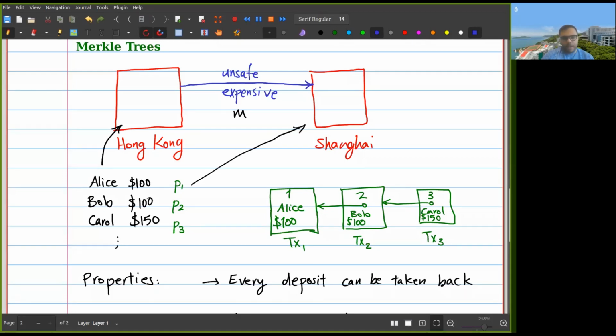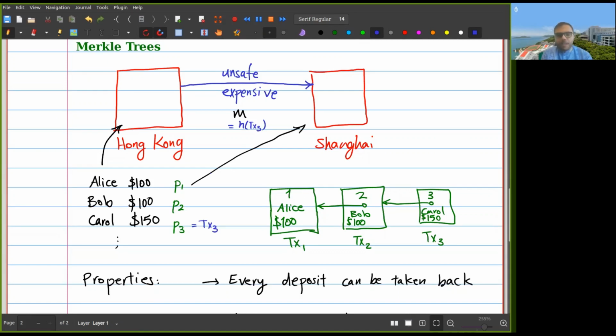So in case of Carol, I can just tell her, you can go to the other branch and just bring this transaction with you. So I can say that P3 is just transaction 3. Remember that this M was the hash of transaction 3. So Carol can just go to the other branch. She can say, here's a deposit that I made in Hong Kong.